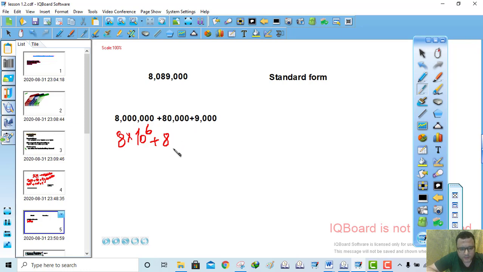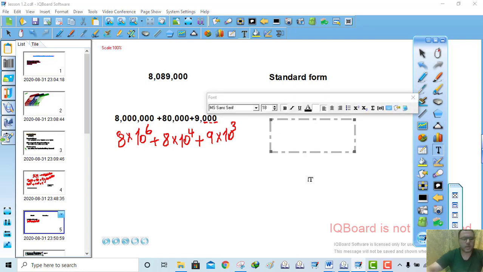It has 4 zeros, so multiplied by 10 to the power of 4, plus the 9 in the thousand place, so it should be multiplied by 10 to the power of 3 because it has 3 zeros. This is called what? This is called expanded form.